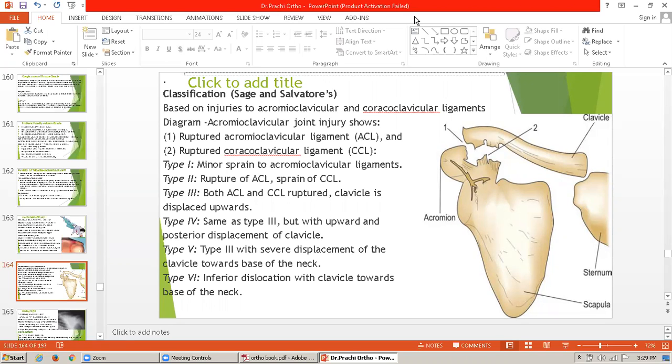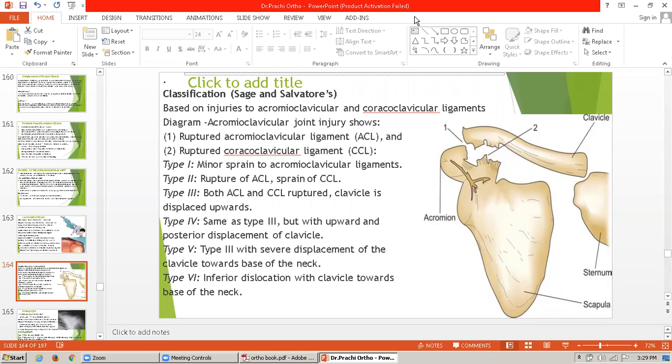In type 3, both ACL and CCL are ruptured and the clavicle is displaced upward. In type 4, same as type 3, but with upward and posterior displacement of the clavicle.